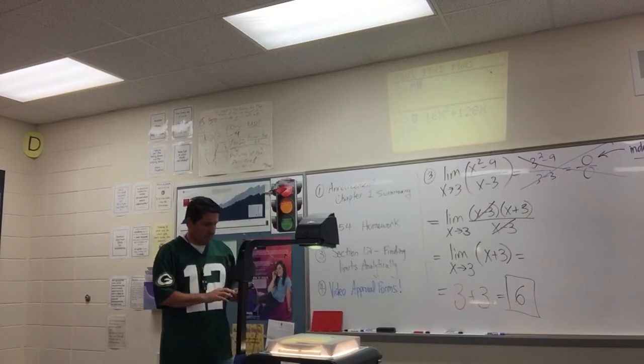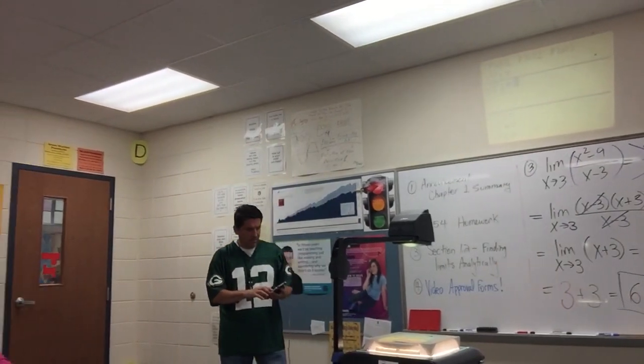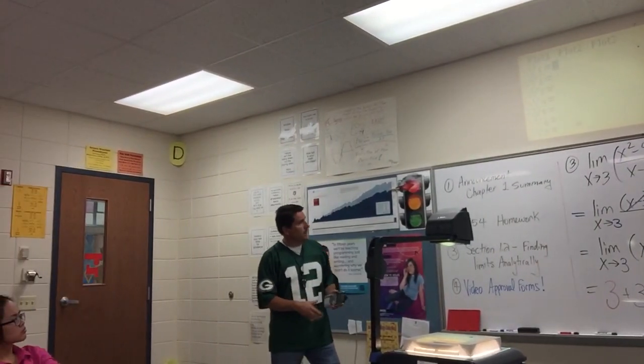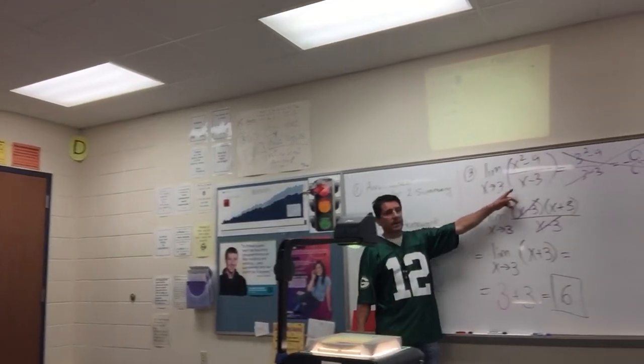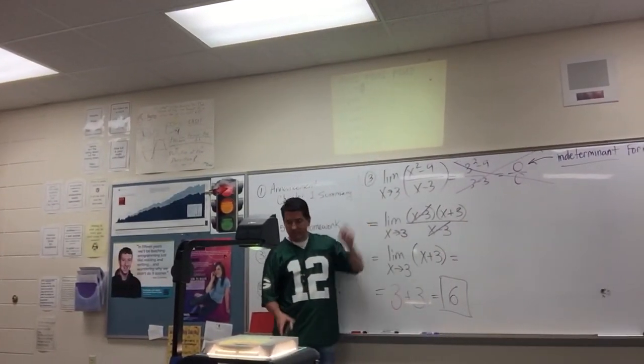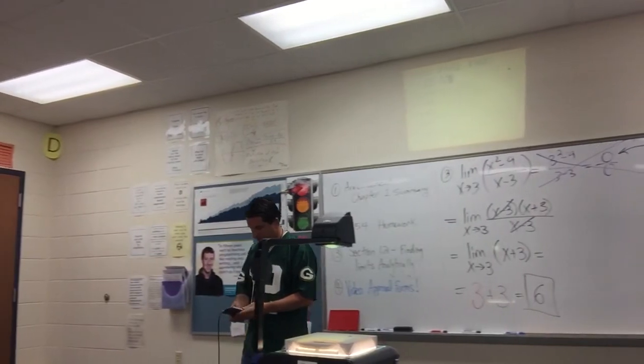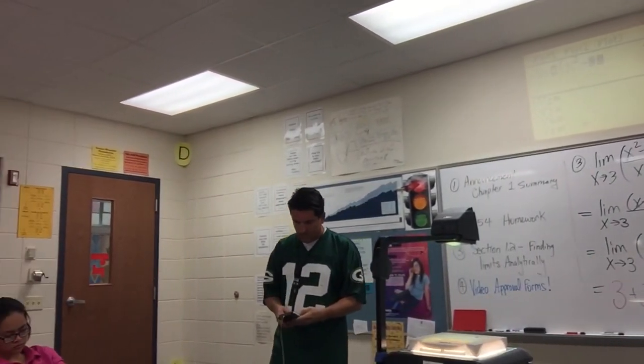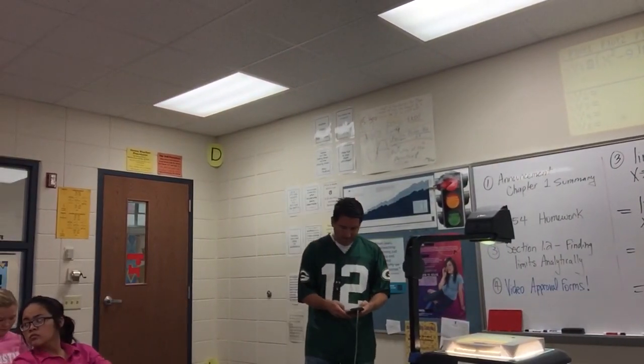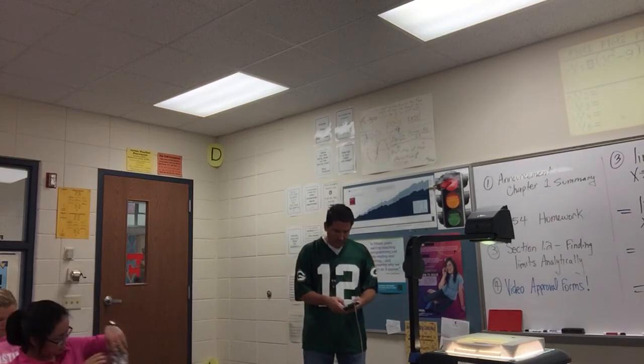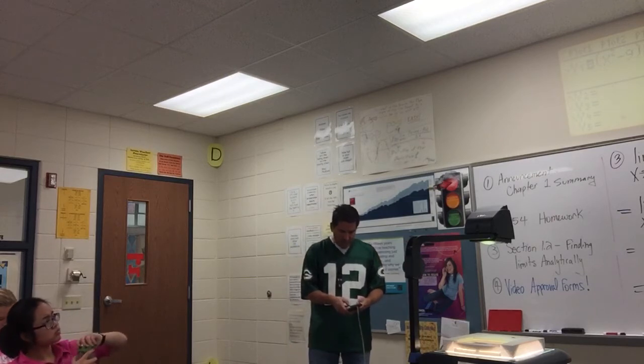Clear everything out here, and we're going to put in x squared minus 9 over x minus 3 as the function. You have to use your parentheses properly.